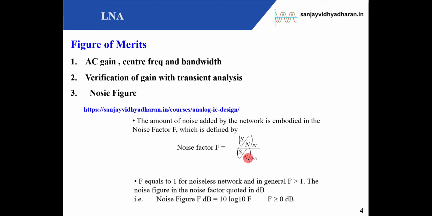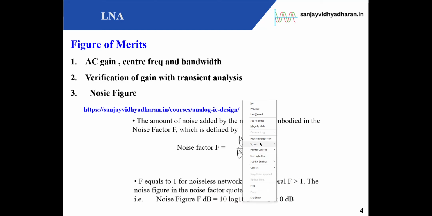So obviously at the output there is going to be some additional noise. That is going to reduce the signal to noise ratio at the output, and hence the noise factor F will be greater than 1 always. If the amplifier has zero noise, only then F will be 1. So it should be as close to 1 as possible. And the noise figure in dB is 10 log F.